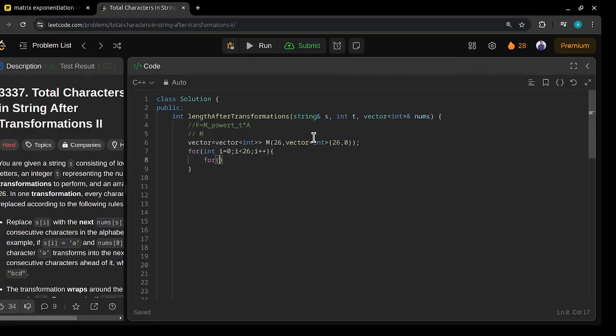I am going to fill this matrix for int j equal to 1, j less than or equal to nums of i, and j plus plus.